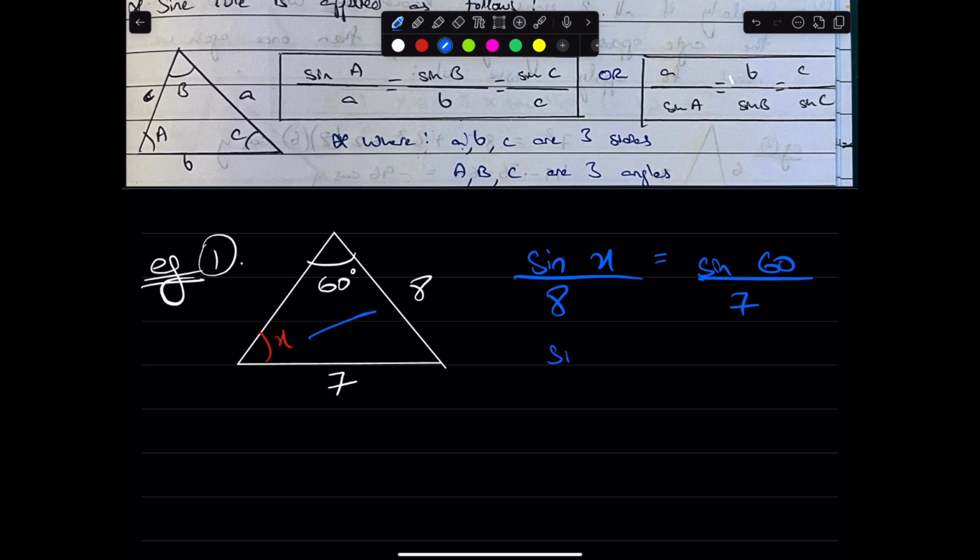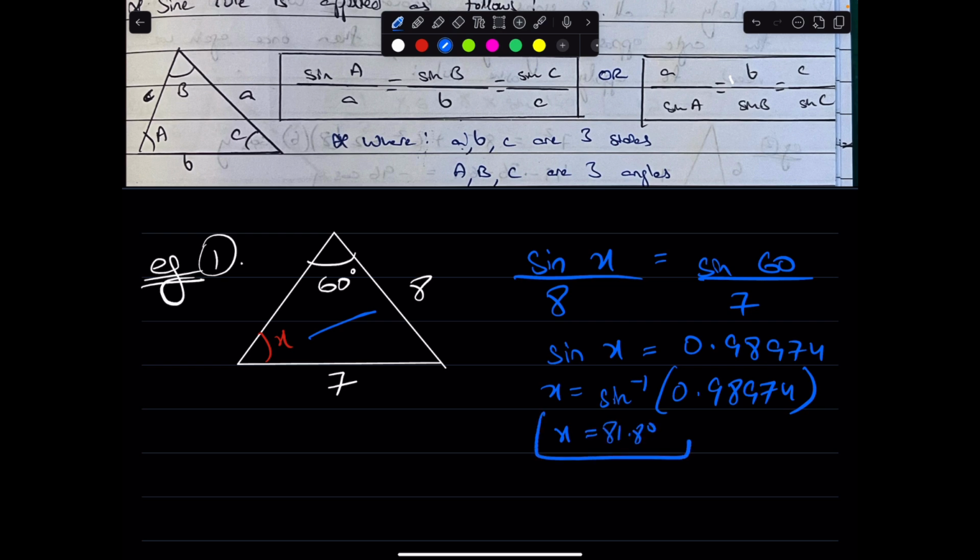So sin x is equal to 0.98974. x is equal to sine inverse of 0.98974, and x is equal to 81.8 degrees. The final answer should be to three significant figures, but using intermediate values with a higher number of significant figures would ensure that you get an accurate answer.